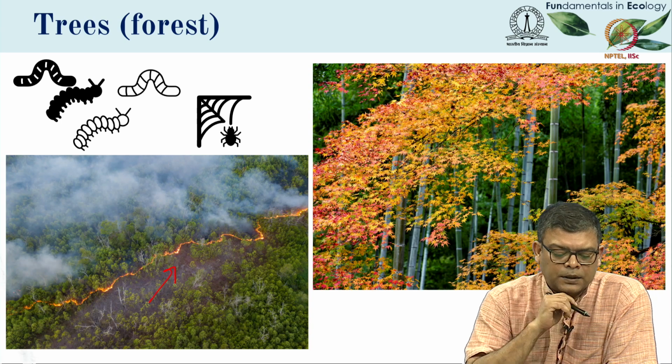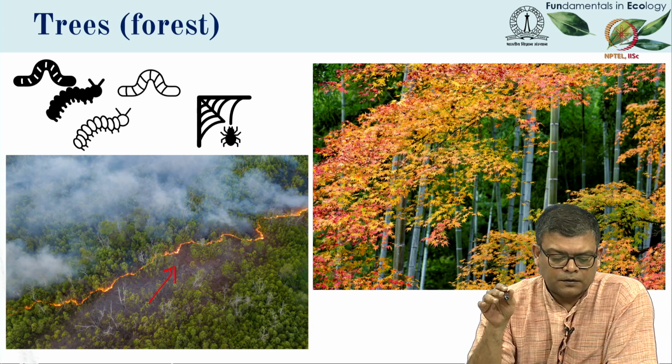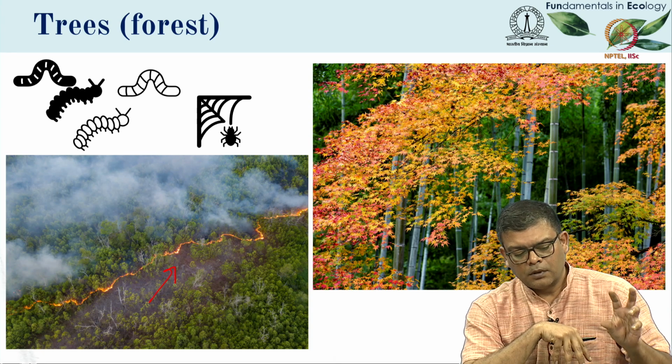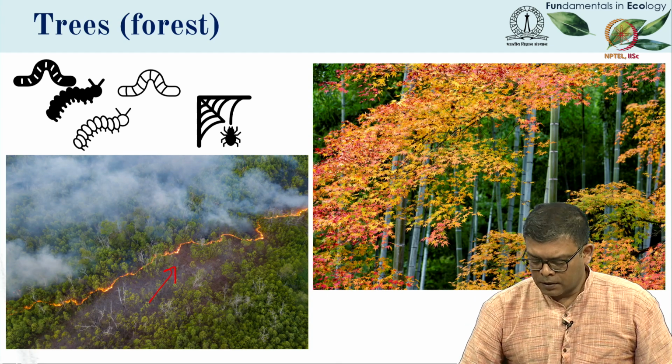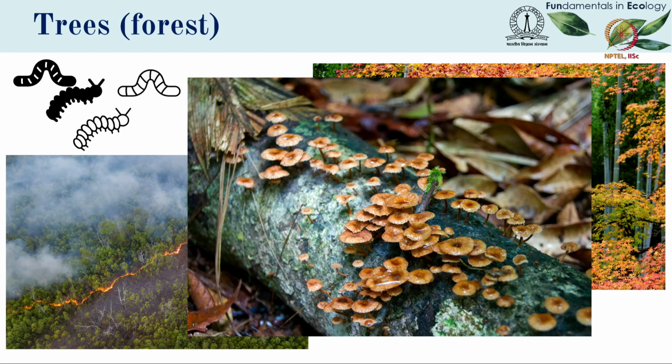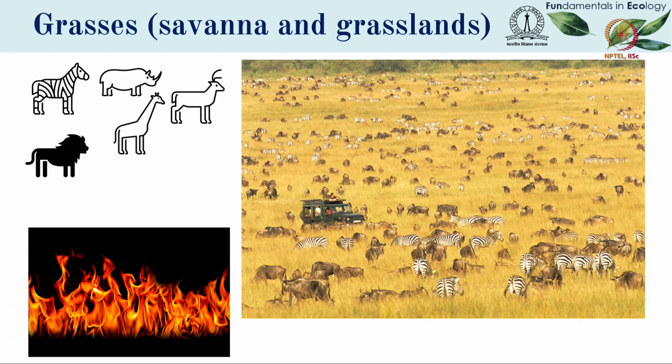So one thing to note about forest ecosystems is that the producers are very large, and the consumers are quite small compared to the producers. And what's left over decomposes. So fungi and bacteria recycle all this material. When this dead log completely decomposes, it goes back as air molecules into the atmosphere.